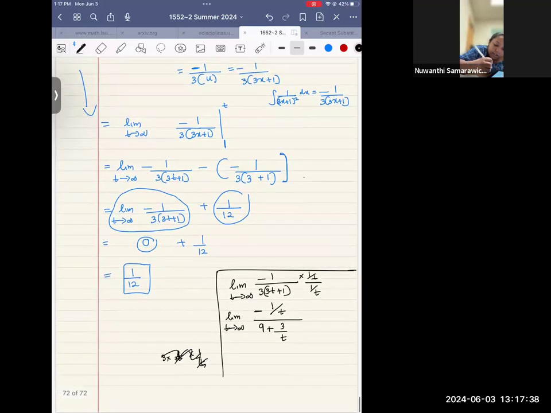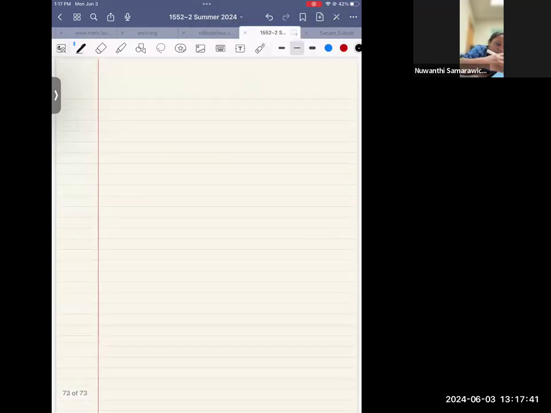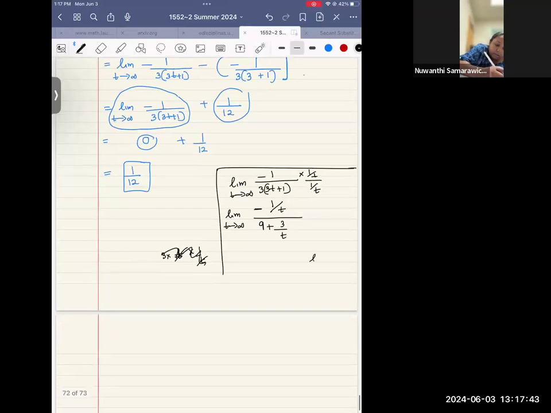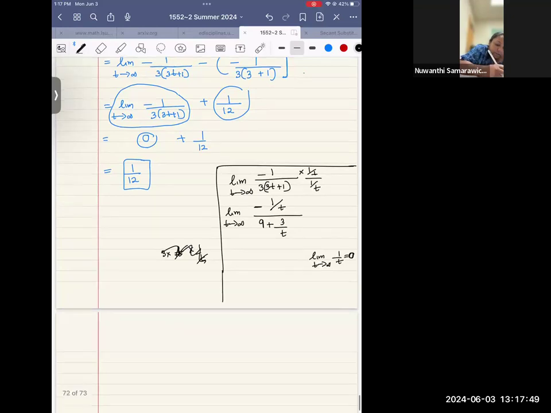Like I said, the limit of 1 over t is just 0. So whenever t goes to infinity, the numerator is 0 divided by 9 plus 0. So 0 divided by 9 is just 0.